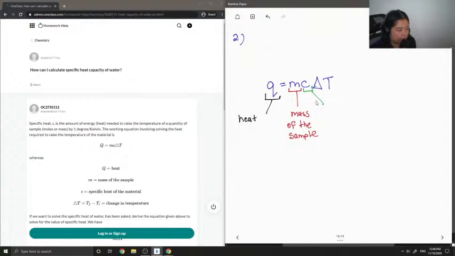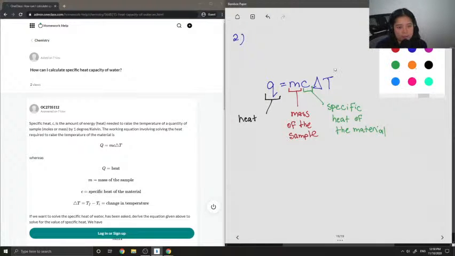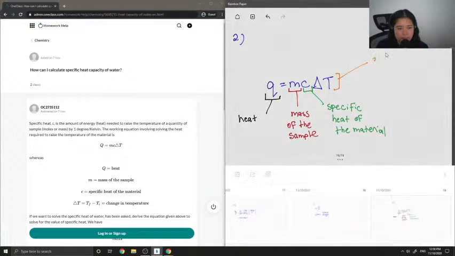And the variable C represents the specific heat of the material. And lastly, delta T is the change in temperature.